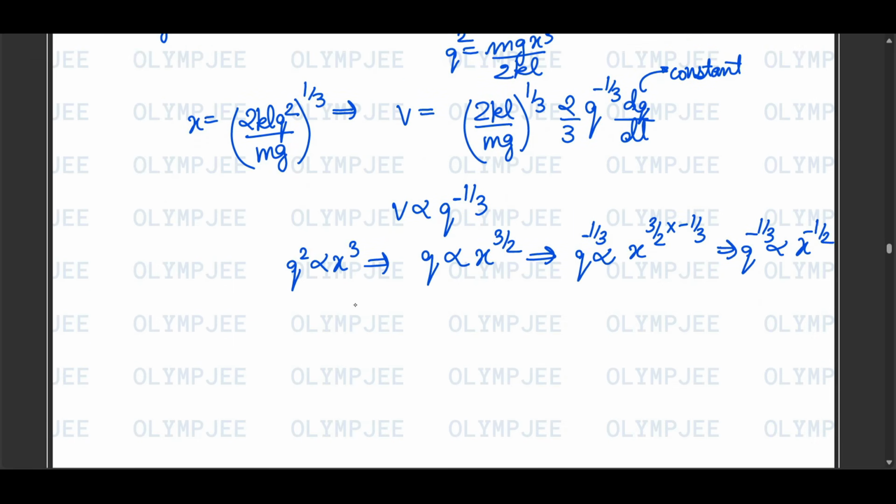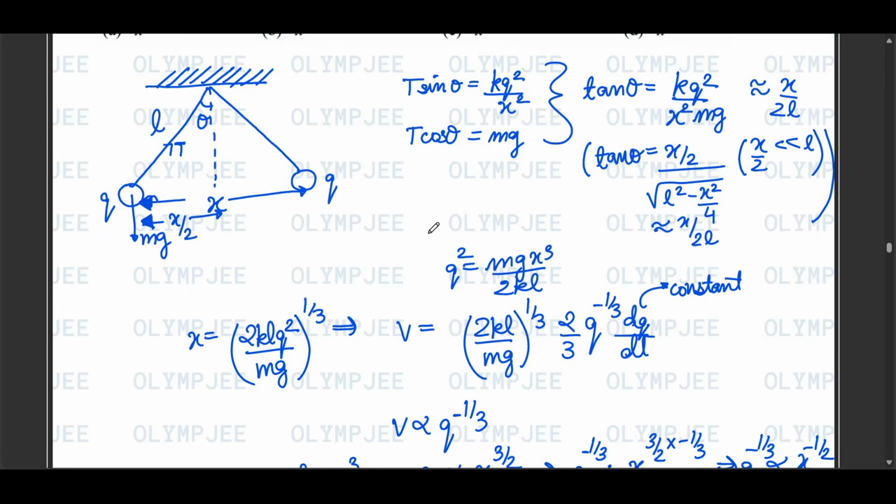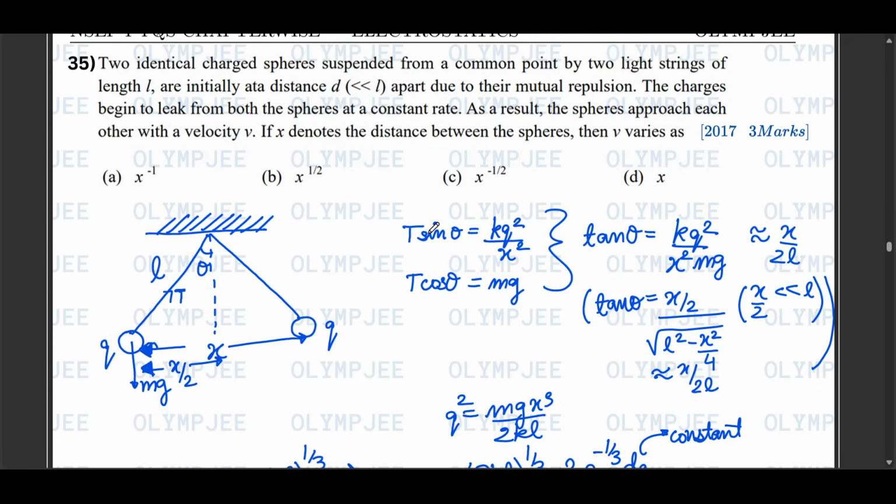So from here we will get that v is proportional to x raised to power minus 1 by 2. So the correct answer for this question is B, C.